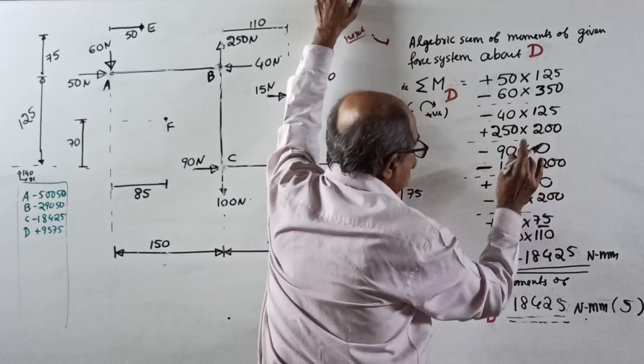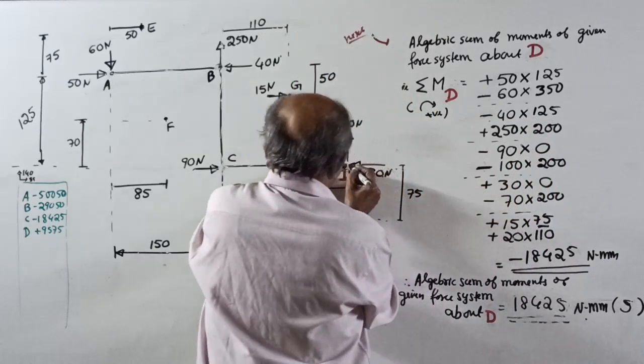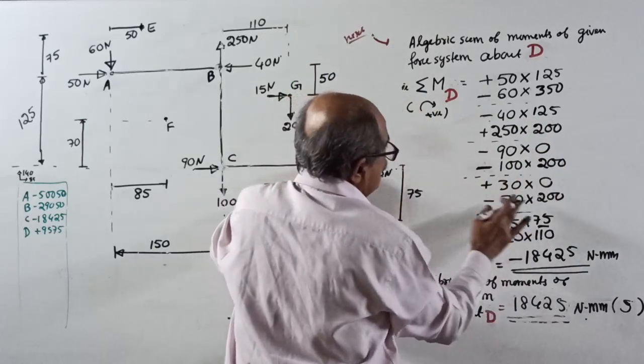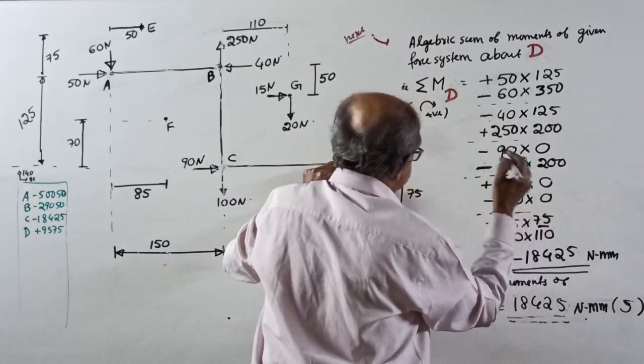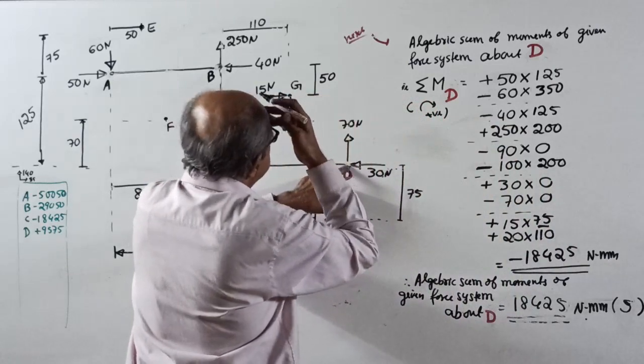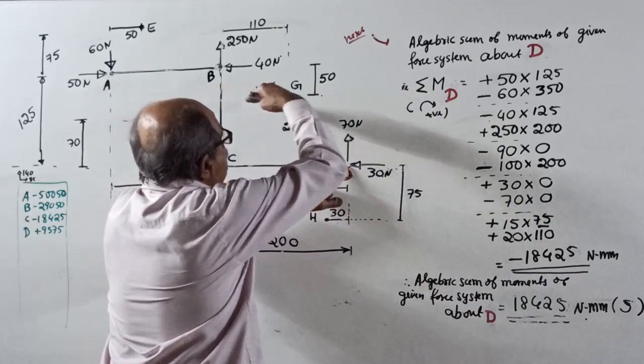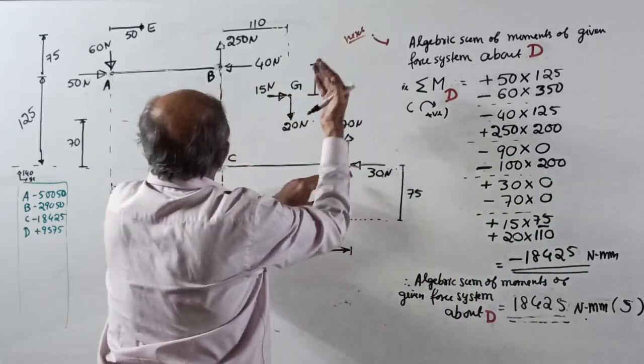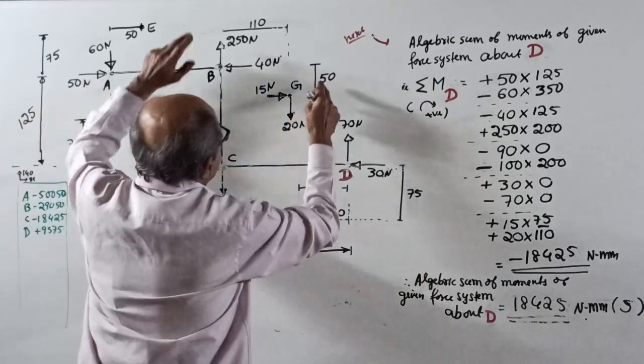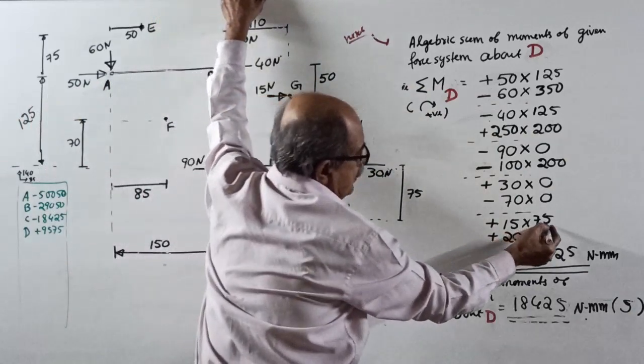You should try it correctly, not rub this way and do it. 30 into 0, even 70 also into 0. Then 15 into this distance, 15 into this distance. From 125 subtract 50, that will be 75 right here.